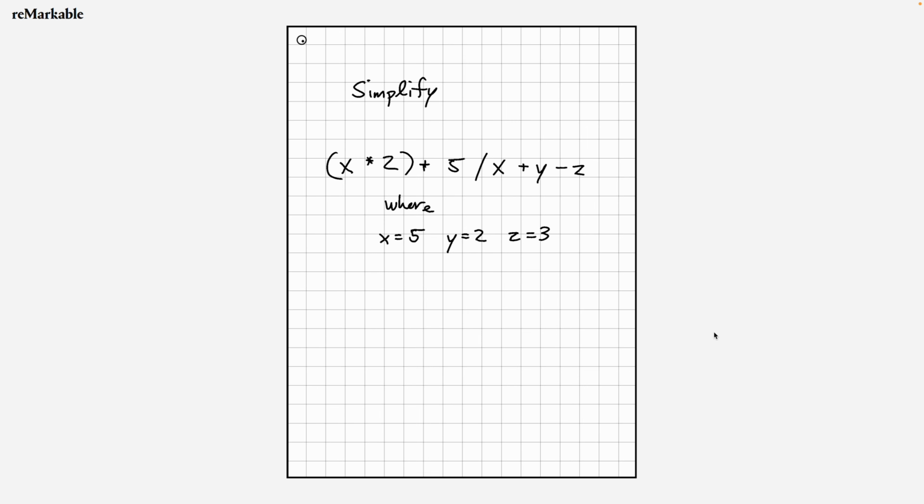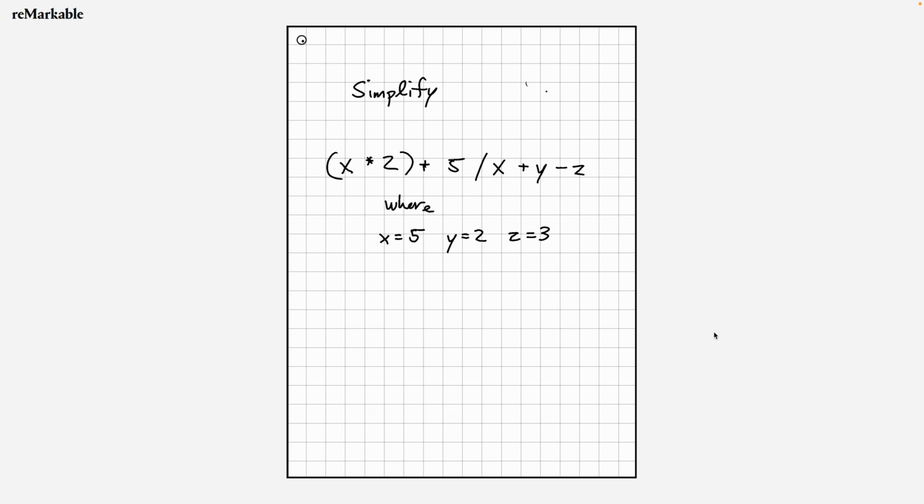So in math class, something like this, x times 2 plus 5 divided by x plus y minus z, this thing is called an expression. Now, I've written this just a little bit different than what you would learn in math class, but I think you're going to understand what it is.